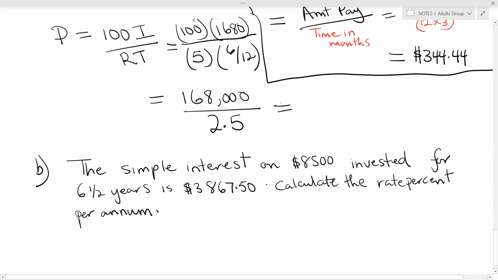And then when we divide that, 168,000 divided by 2.5, you'll get 67,200. So what were you guys doing? You can't put this entire thing into the calculator. Wait, what? That's how you get the 2.5. 5 multiplied by 0.5.